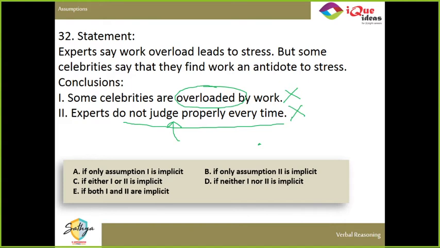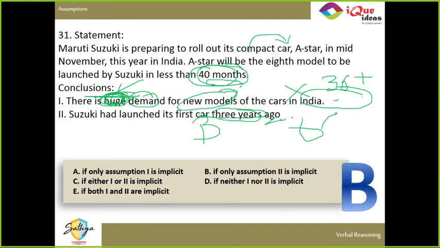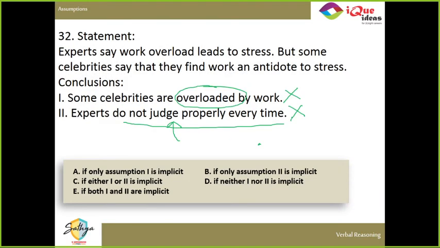So I don't need to assume that experts do not judge properly every time. So neither one of them is actually required as an assumption. Previous one was B for Bombay, Param. Okay. Got the 32nd one. Neither one of the two assumptions is actually required for the statements to work. So neither one of them. Correct?